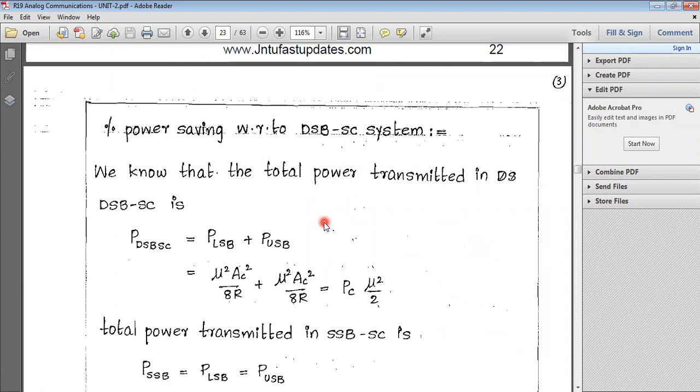For that, first take the power required for DSB-SC. DSB-SC is nothing but no carrier, so you take only LSB and USB. You add the LSB power and USB power, and by adding those two components, we have PC mu square by 2.